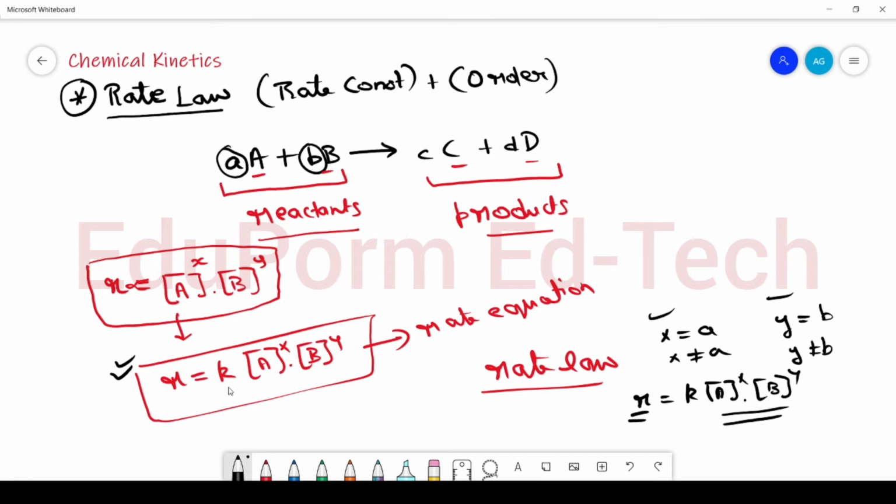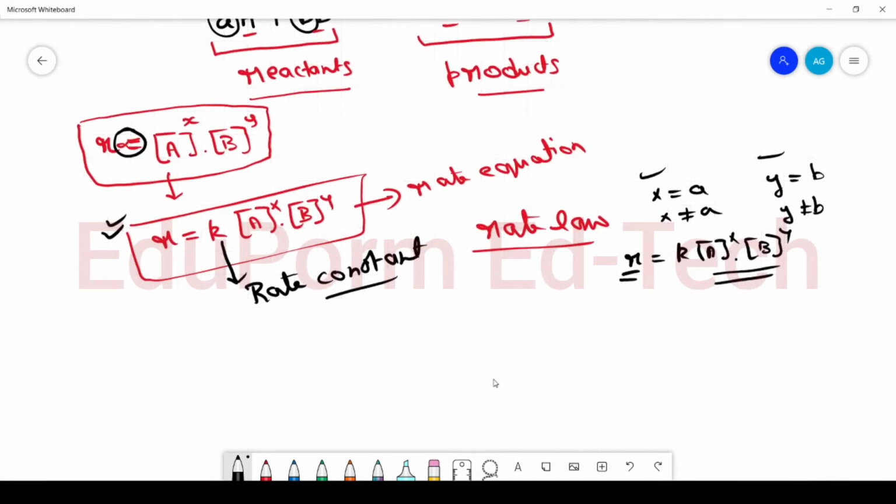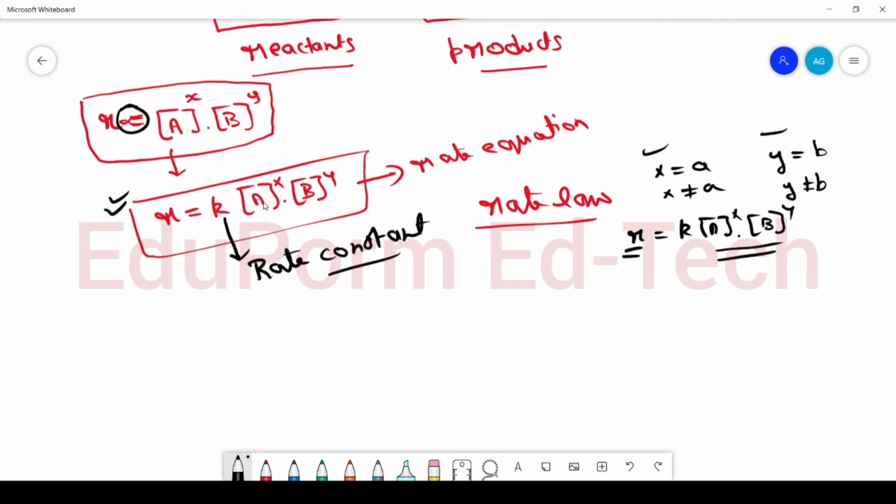Now in this rate equation, this constant K, which is introduced when we replace the proportionality sign, is called the rate constant. And the x and y in this equation are called exponents.